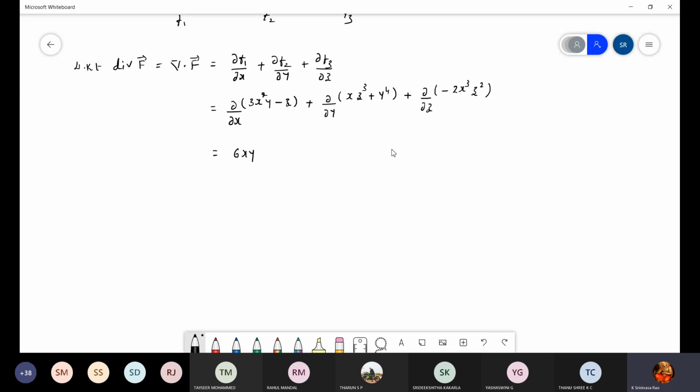Second term with respect to y: 4y cube, and this is 0. Then plus into minus is minus with respect to z: 2x cube is kept as it is because it is a product, and z square differentiation is 2z, so you will get minus 4x cube z. Is it right? This is del dot f. Divergence is always a scalar only. This is nothing but phi.